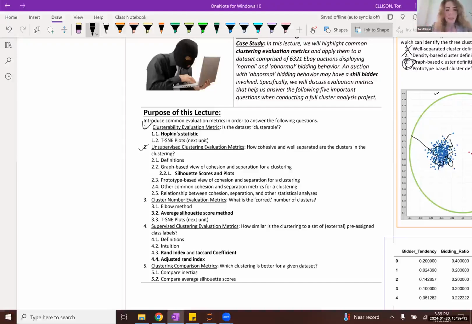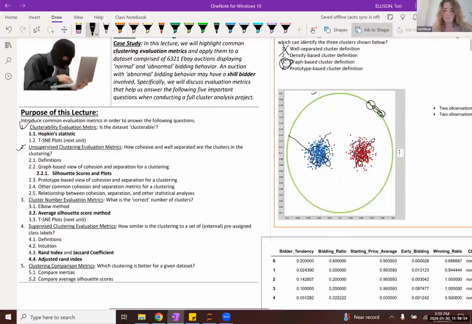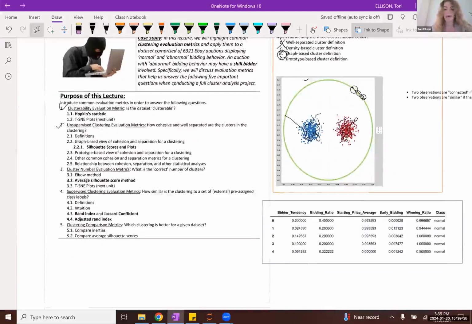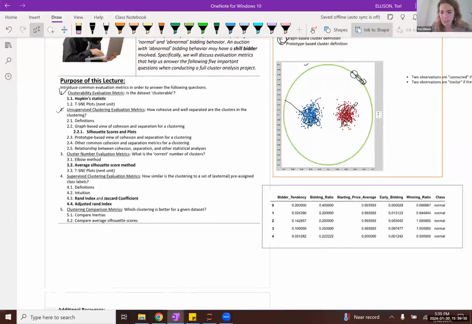Now next, we want to remember that cluster analysis should be used for unsupervised learning purposes. So what that means is we don't ever want to assume that we have a set of class labels which our goal is to predict. The data set that we're going to be exploring in this unit is going to be comprised of 5 numerical variables, these here, and it's also going to contain this additional categorical variable.